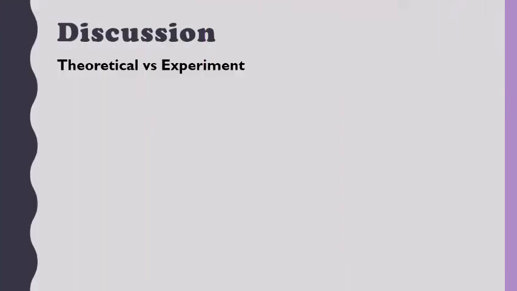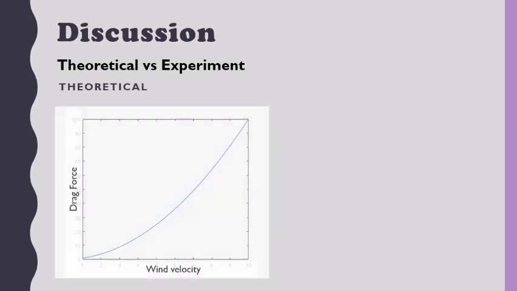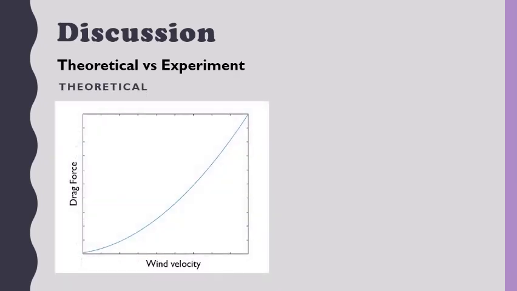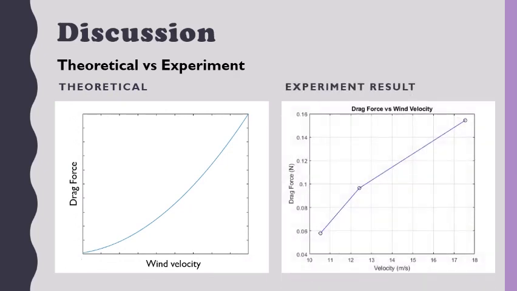Now if we compare side by side the theoretical and experiment, this is the plot of theoretical that we saw earlier, and this is the experiment result. It can be seen that both actually show that the drag force increases as the velocity increases.